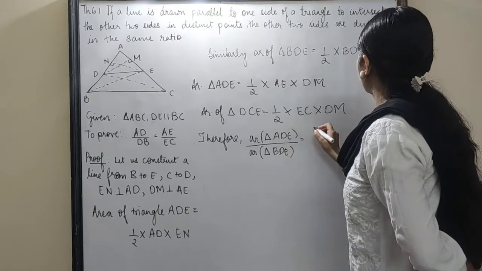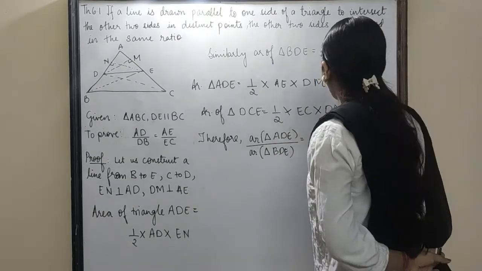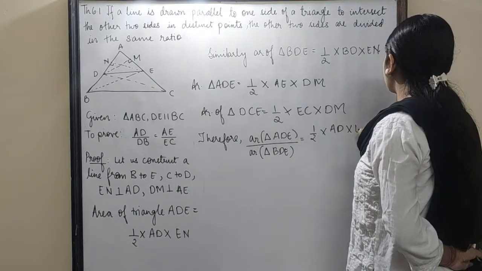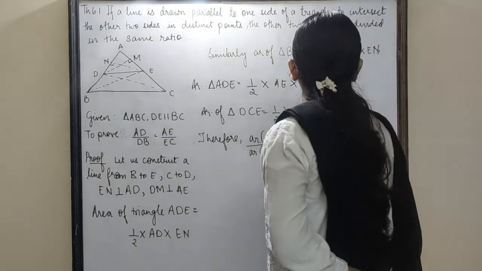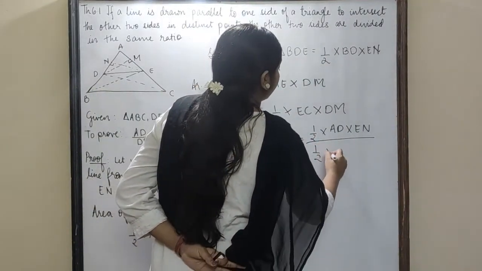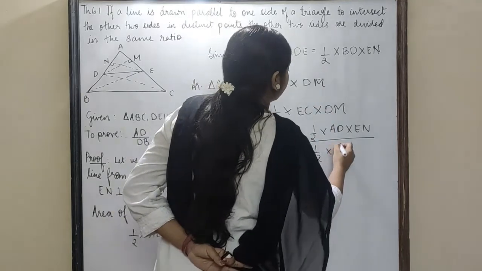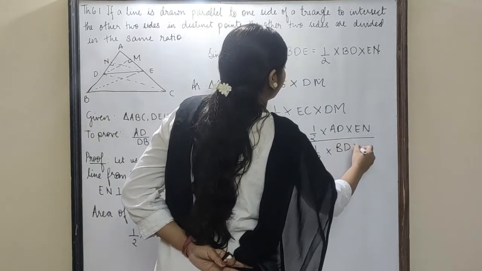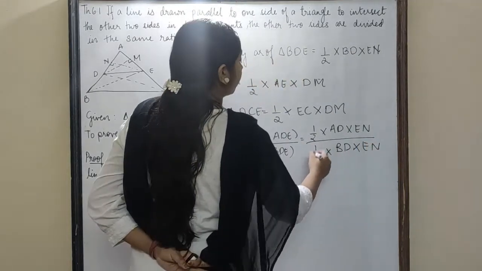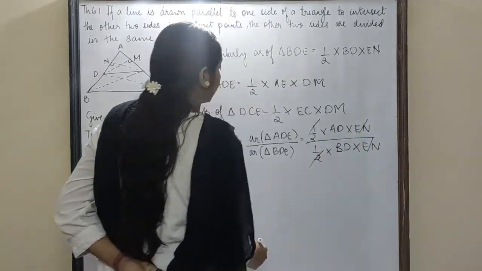is equal to, area of triangle ADE is what? Half into base AD into height EN, whole upon area of triangle BDE, half into base BD into height EN. So from here, half and half get cancelled, EN and EN get cancelled.